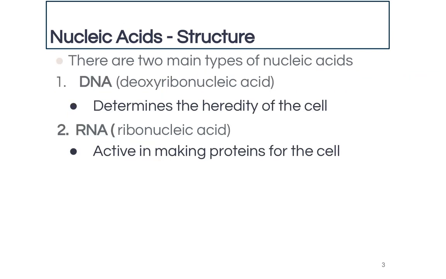Nucleic acids come in two different forms. There's DNA and RNA. DNA, as you know, determines the heredity of the cell, and you looked at this in grade 11 biology. RNA, as you may not be aware, is specifically involved in making proteins for the cell. And when we get to our genetics unit, we're going to look at this flow of information.